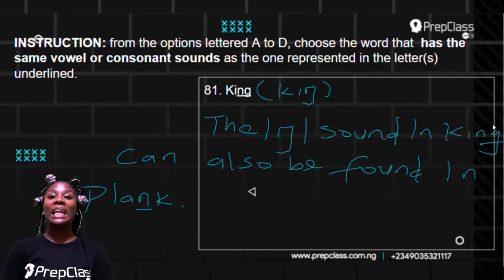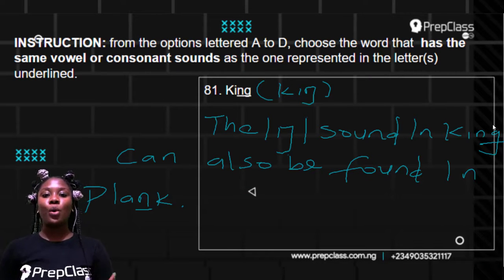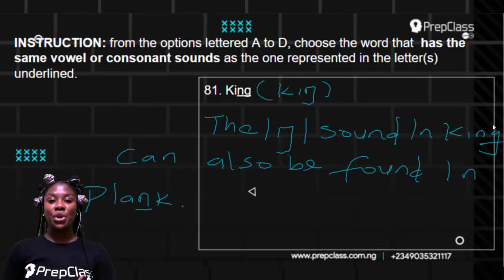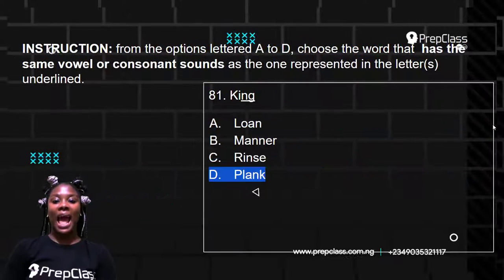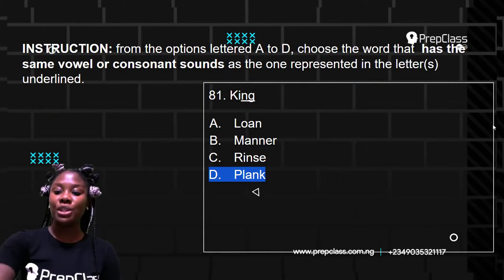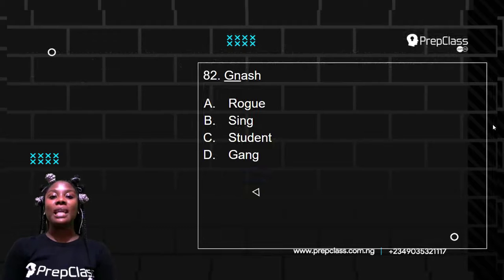King and plank share the same consonant sound. And so we have plank as our answer, option D, plank.